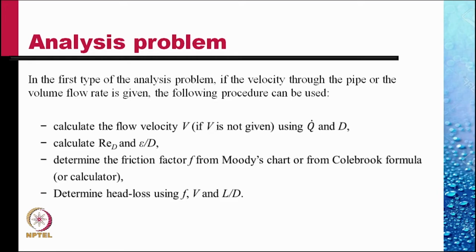The process that is used is: calculate the flow velocity V, if V is not given, using Q dot and D. Once velocity is known, calculate Reynolds number, and since the diameter is given, we can calculate epsilon by D. Determine the friction factor from the Moody's chart or from the Colebrook formula or calculator, and then using f, V and L by D, determine the head loss.